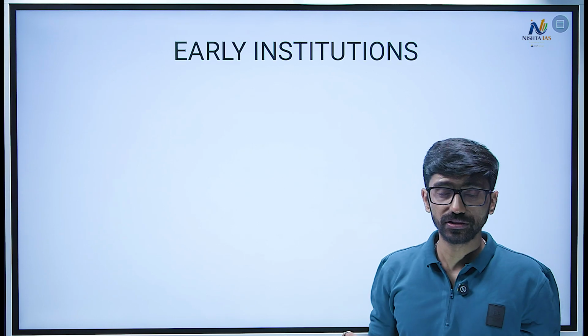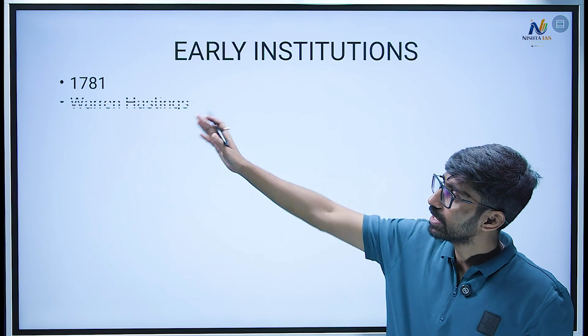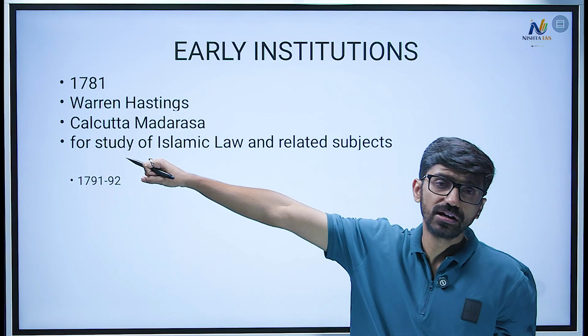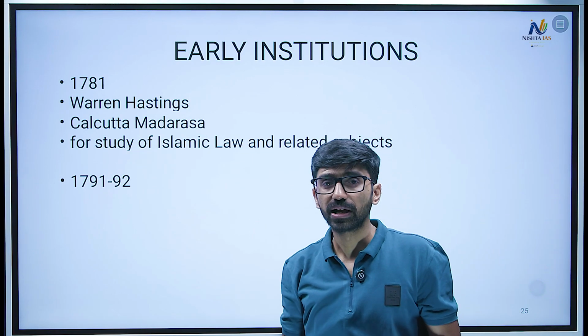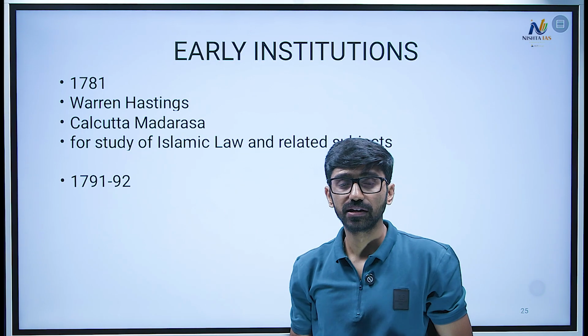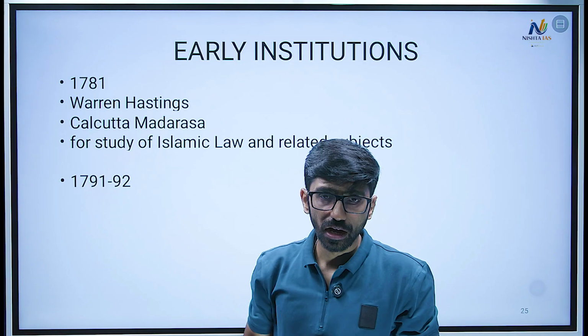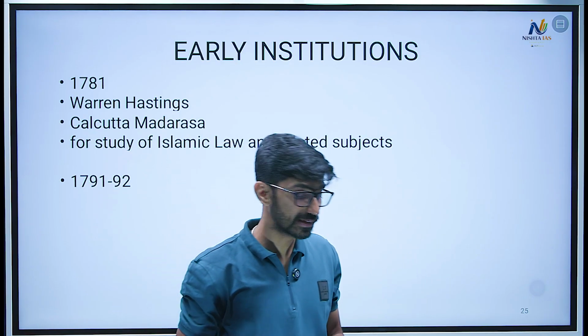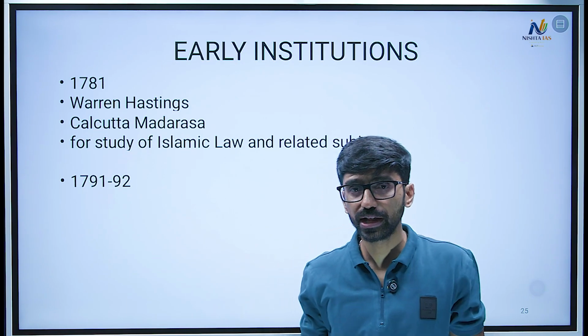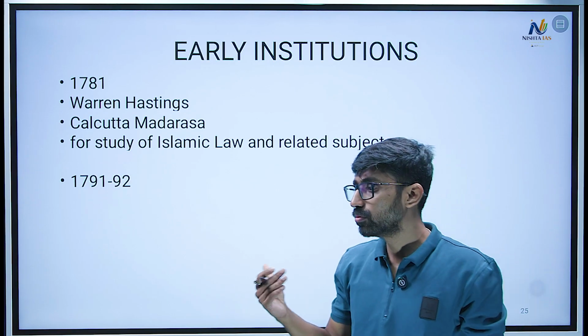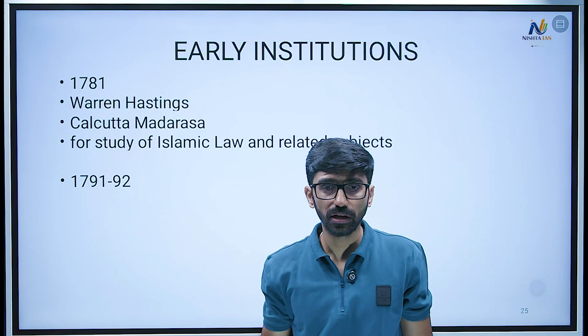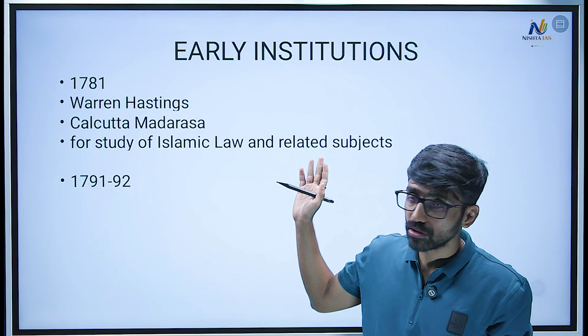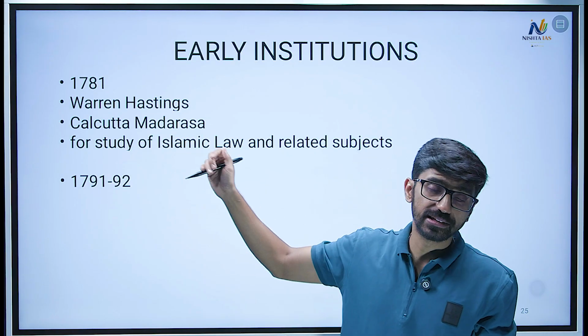Now, early institutions that were established: in 1781, Warren Hastings established the Calcutta Madrasa for the study of Islamic laws. They were new in India; by the 1760s they were getting colonial rights over India and tried to rule some parts of India. So they wanted to rule the country on the basis of local laws. To study the local laws, particularly Islamic laws, they established the Calcutta Madrasa in 1781.